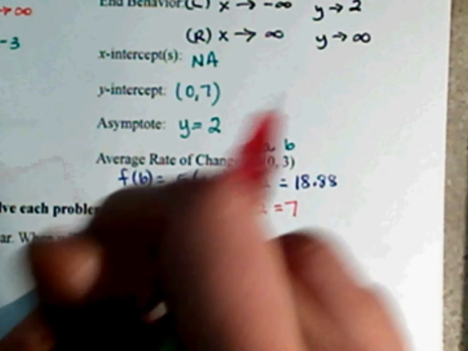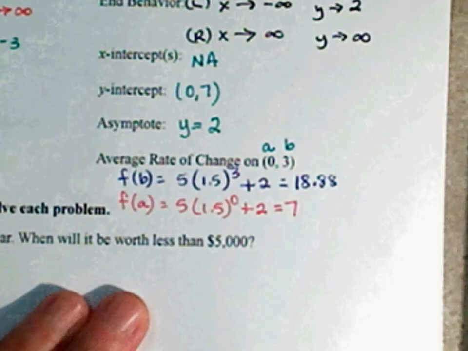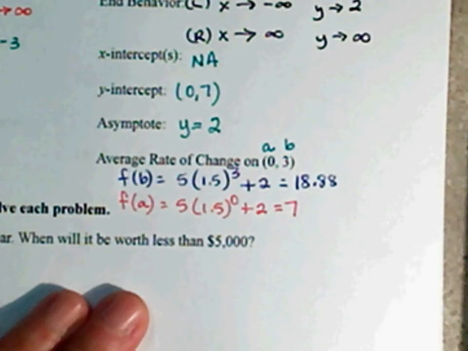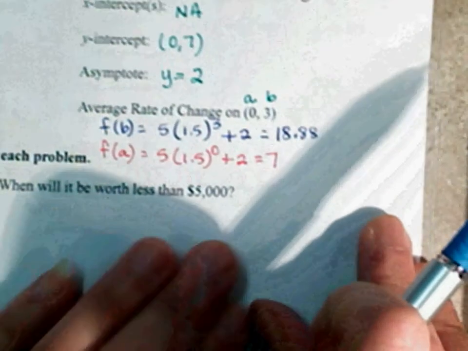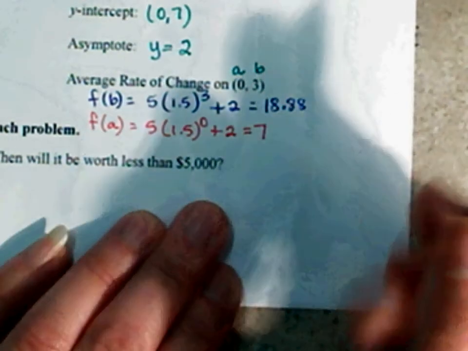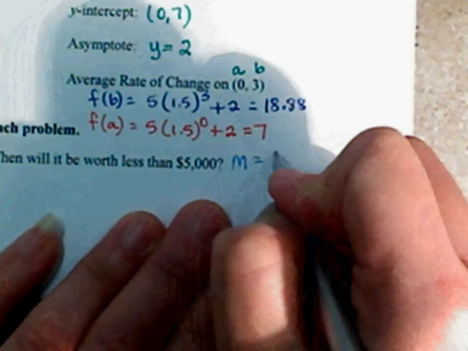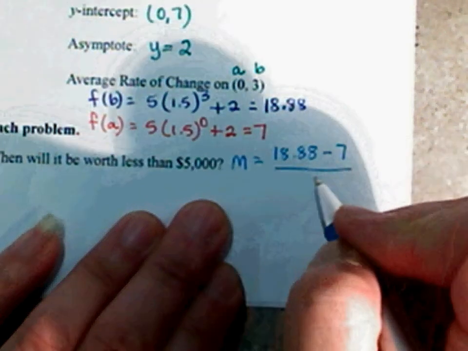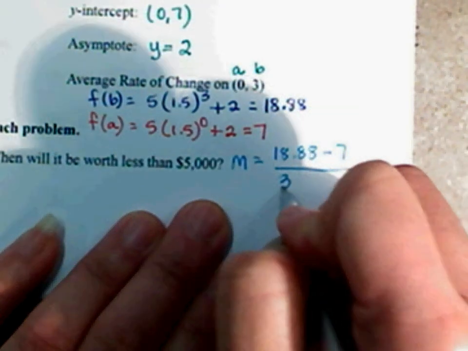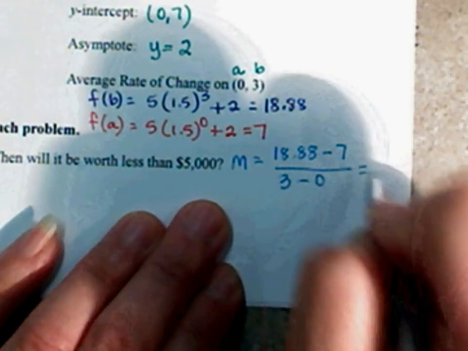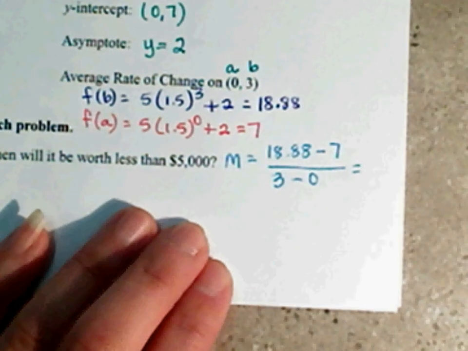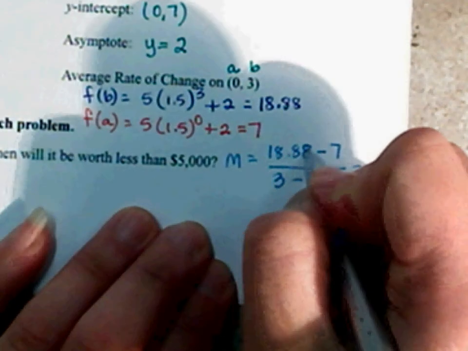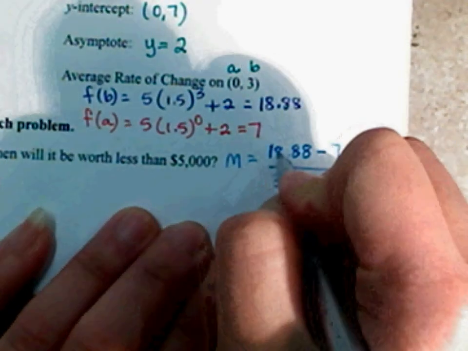Now let's plug it into the equation to find it. I'm going to come down here so you guys can see. m equals 18.88 minus 7 divided by your b, which is 3, minus your a, which is 0. And you can just type all that into your calculator. Okay? Now let's see what we've got.